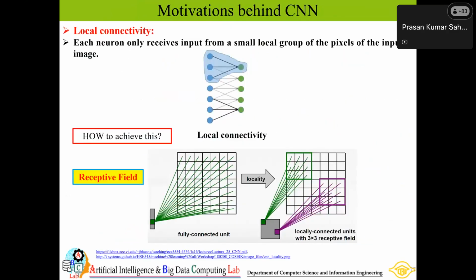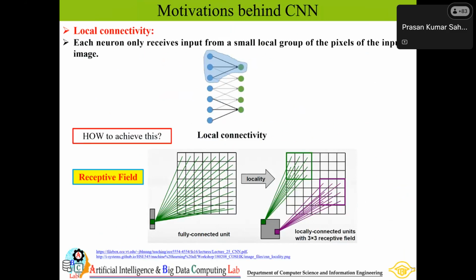So there is a difference between local connectivity and global connectivity. The convolutional neural network in deep learning is based on the receptive field. A very important concept is the receptive field. With local connectivity, each neuron only receives input from a small local group of pixels of the input image.